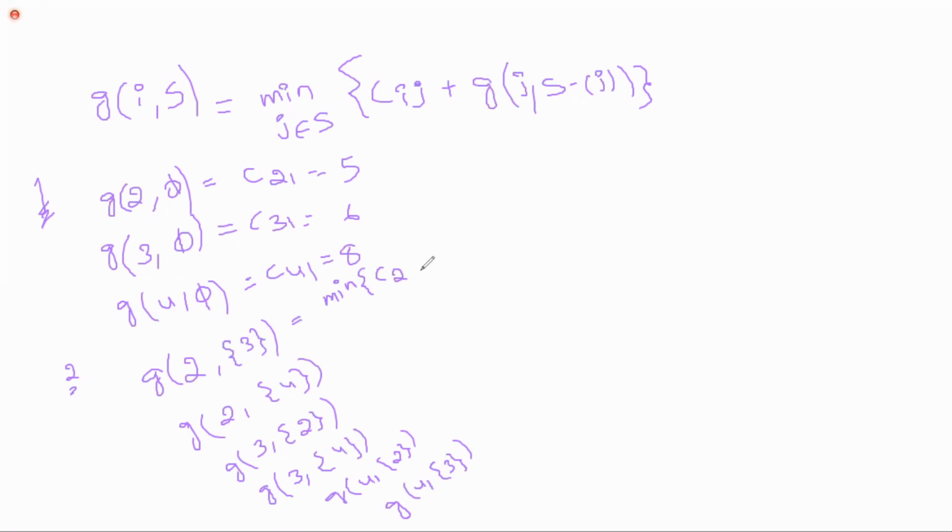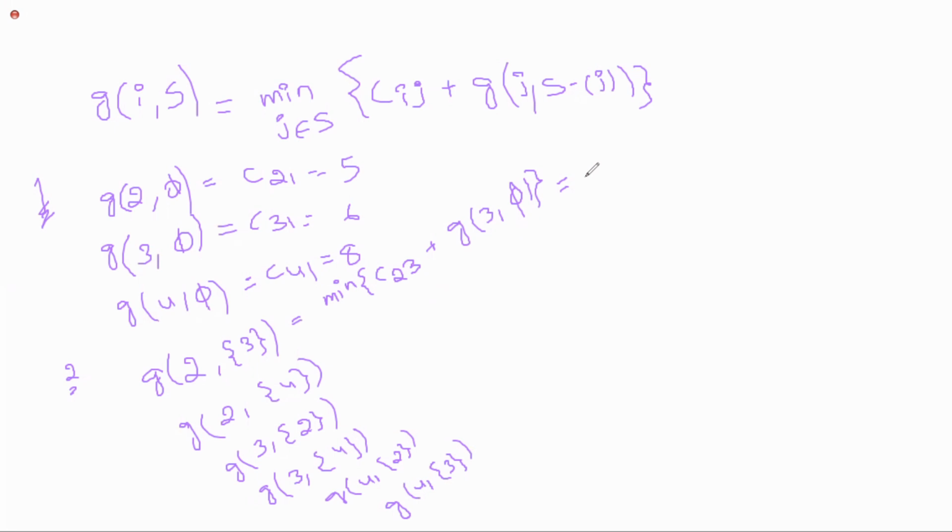So J is nothing but 3, right? C23 plus G of J comma S minus J. S is 3, J is also 3. 3 minus 3 is empty, which is nothing but 5. So minimum of, we don't have many more elements, so no need to find the minimum.